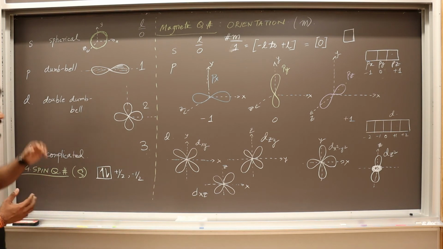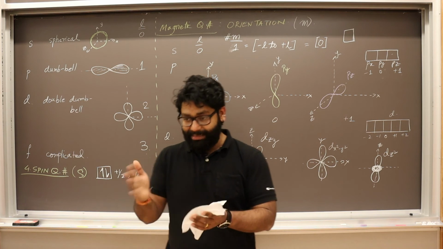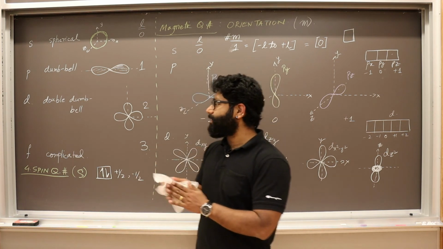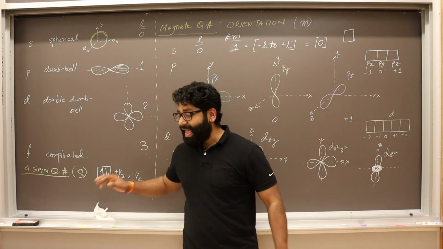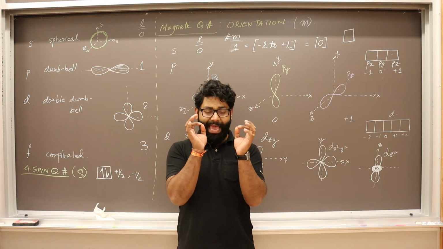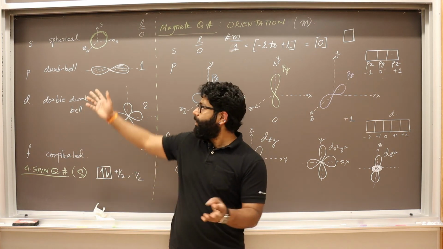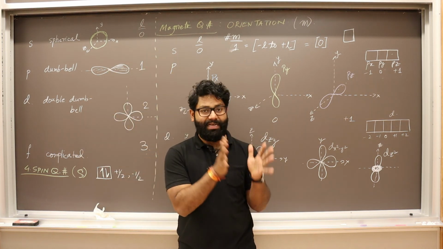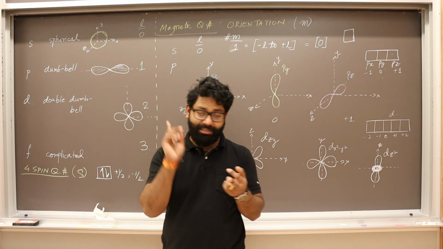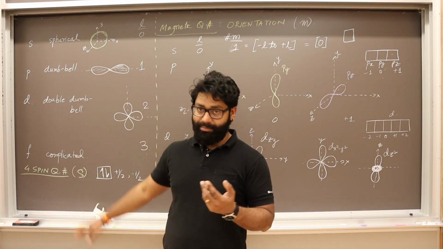Okay, so for any electron, we'll see an example soon in the next video, any electron in an atom can have 4 quantum numbers associated with it. It will have a principal quantum number, an azimuthal quantum number, a magnetic quantum number, and a spin quantum number.